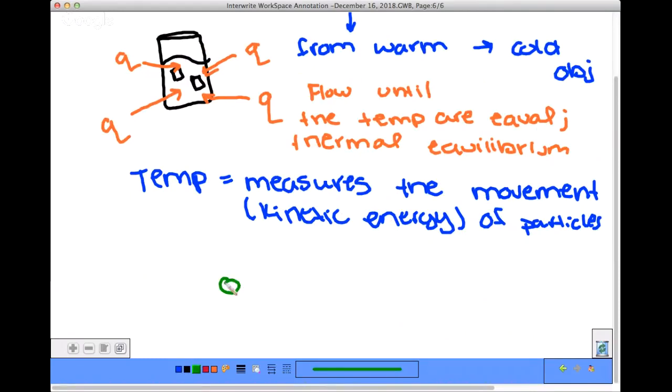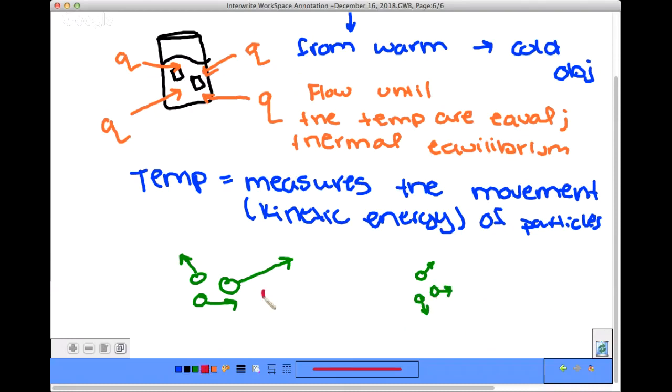One of the ways that we've talked about this was drawing particles, and we drew particle movement with arrows. The longer the arrow, the faster they're moving. So we could talk about particles moving like this and particles moving really slowly.